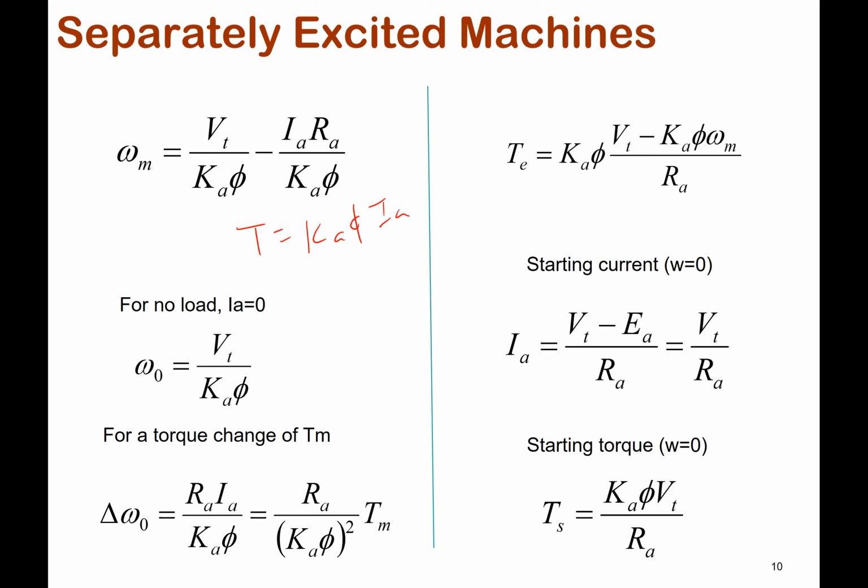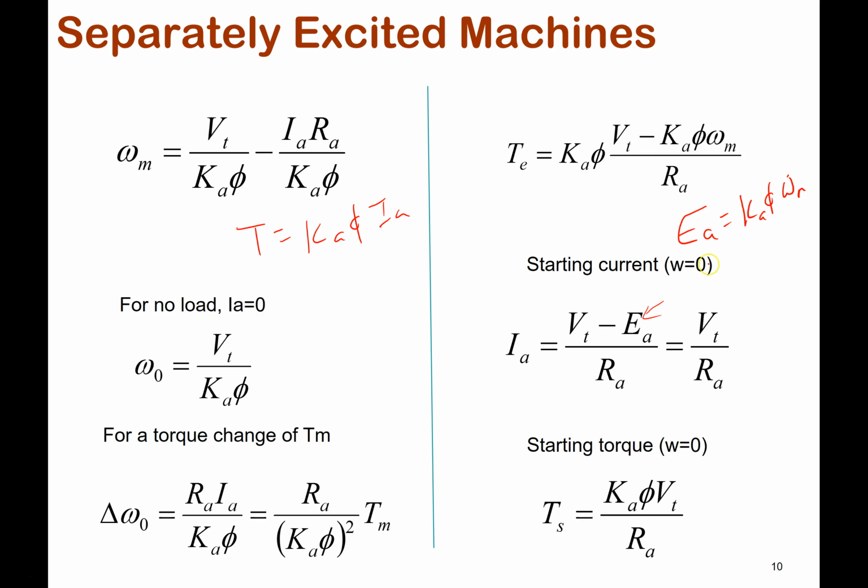The next thing we want to look at is what happens to our torque for different conditions. So we have omega equals 0, which is when the machine is starting. When the machine is starting, the speed is 0. We know that Ia is equal to Vt minus Ea on Ra. When the machine is starting, Ea will be 0 because Ea is equal to Ka phi by omega m.